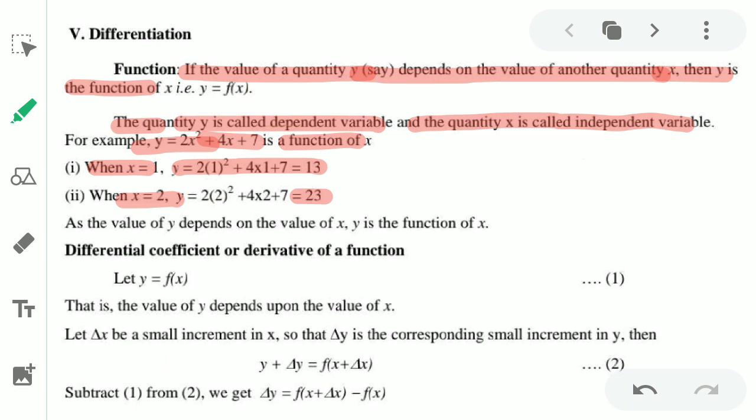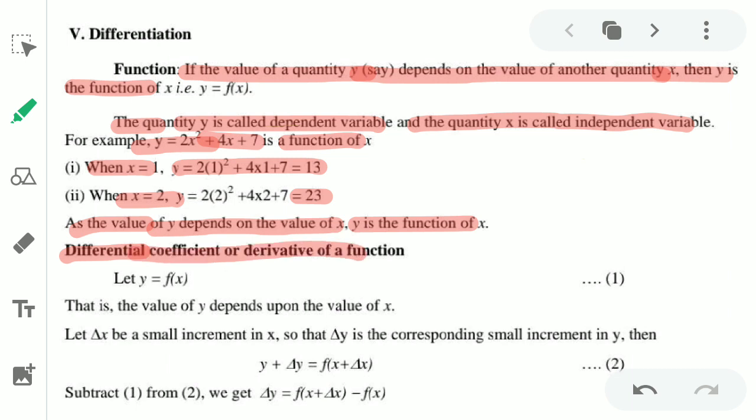So we say that y is the function of x, and the value of y depends on the value of x. So that is the concept of function. Okay, students?